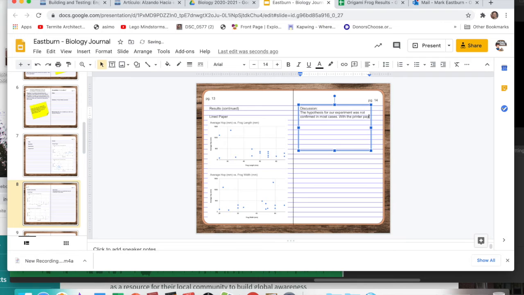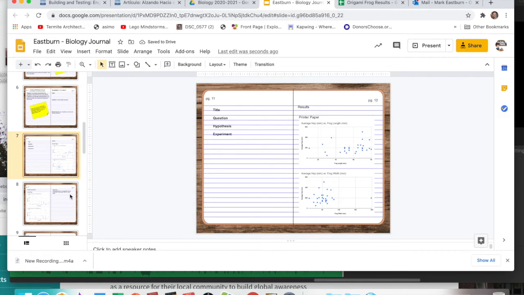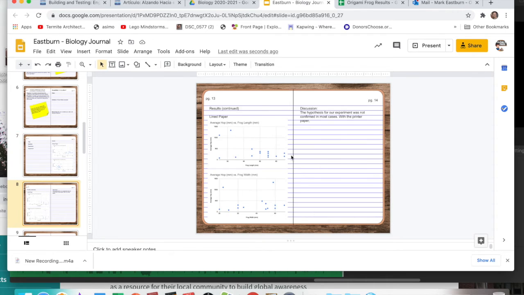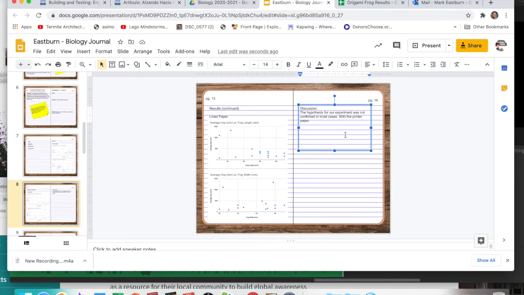With the printer paper, we can see that one of the longest leaps was with a long frog. So with the printer paper, I want to make sure that my words fit on the lines nicely.